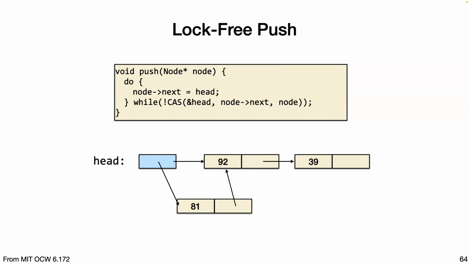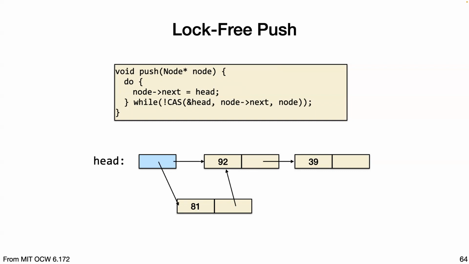You want to push this node onto the front of the stack, and basically you want this to become the new head. The way it works is that you set node next equal to the head. Here 92 is the current head, you're trying to push 81 on, and you set node next equal to 92.